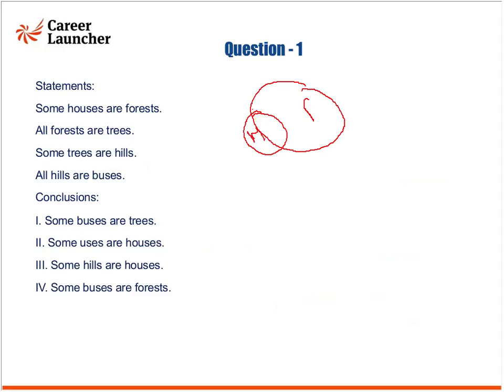Some houses are forests, all forests are trees. Some trees are hills. This was house, this is hills. And all hills are buses.